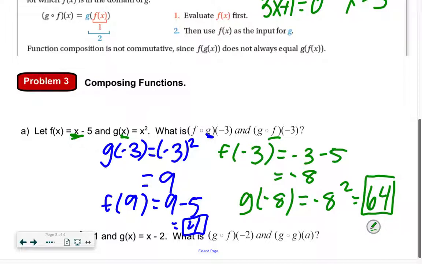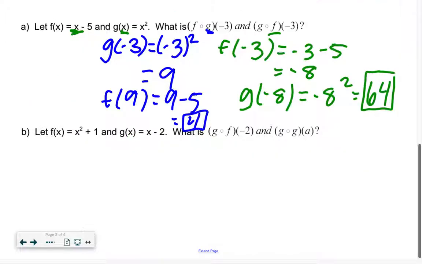Okay. Questions here? Okay, one more. It says f of x is x squared plus 1 and g of x is x minus 2. I need g of f of negative 2. What am I plugging in where first? Plug in f first. What am I plugging into f? -2.